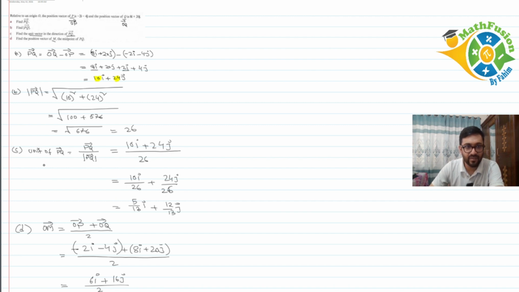Then we found the unit vector of PQ, which is nothing but the vector divided by the magnitude. And OM is the midpoint, which is OP plus OQ divided by 2. Then we finally get the midpoint OM equals 3i plus 8j.